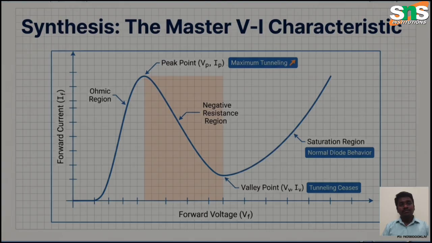This is the graphical representation of the VI characteristics. Ohmic region from 0 to the peak point, then from the peak point to the valley point is the negative resistance region, where the tunneling effect is happening. After the valley point, it reaches the saturation region again if you keep increasing the forward voltage.